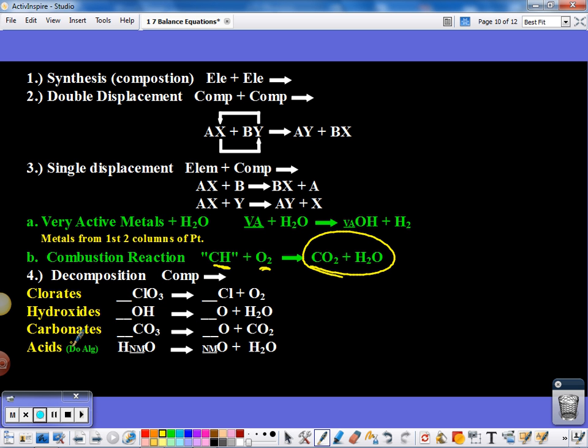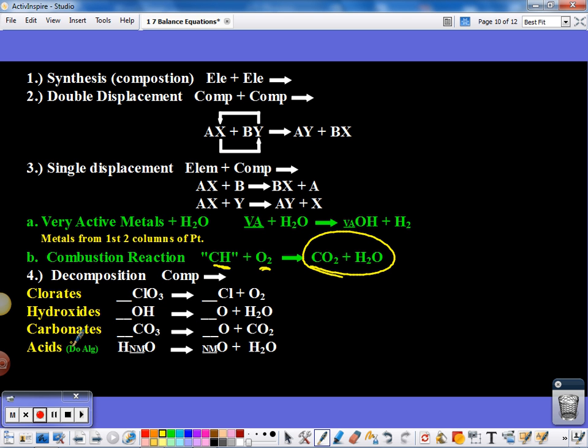And it always requires oxygen. Things burn in oxygen. Got the oxygen part of it? Add it if it's not there. It requires oxygen.